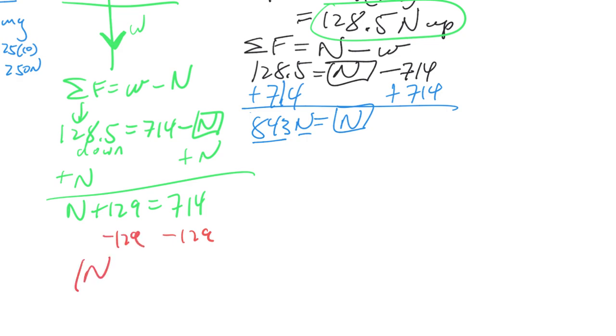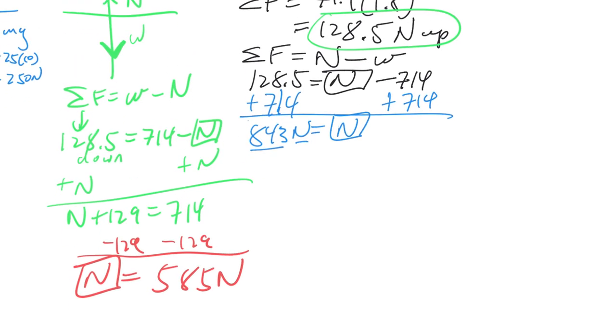And you get the scale reading is 714 minus 129. I get 585. So the scale reading reads less than his actual weight. 585 compared to 714.